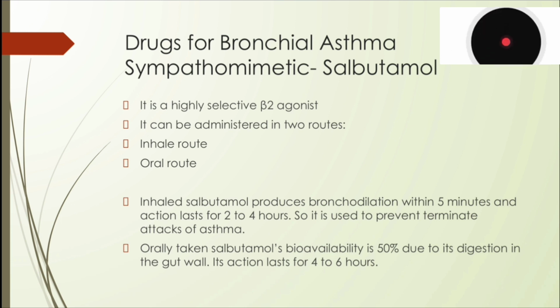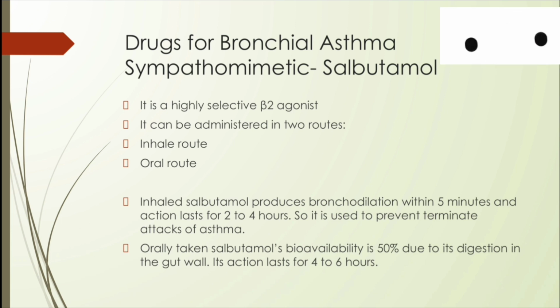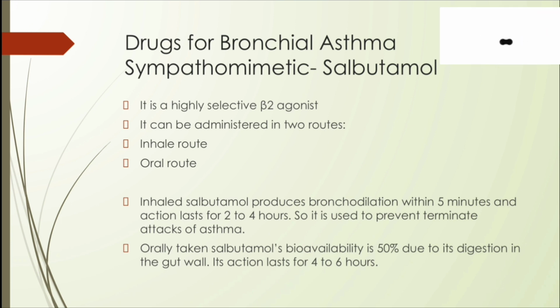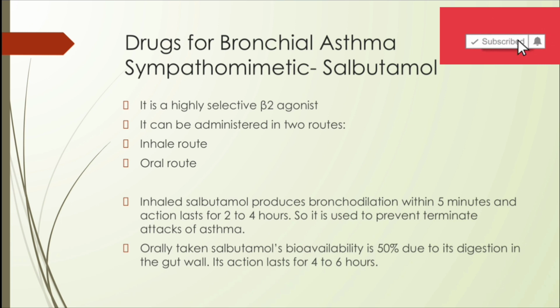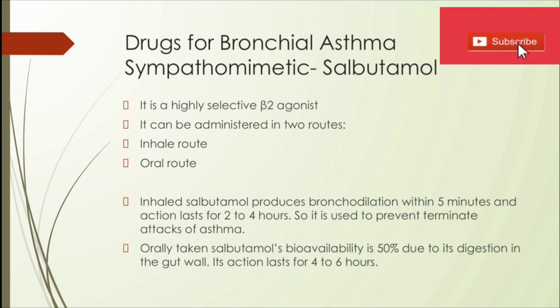Inhaled salbutamol produces bronchodilation within 5 minutes, and the action lasts for 2 to 4 hours. It is therefore used to abort and terminate attacks of asthma, but it is not suitable for round the clock prophylaxis. Muscle tremors are the dose related side effect of salbutamol. Then palpitation, restlessness, nervousness, throat irritation, and ankle edema can also occur.